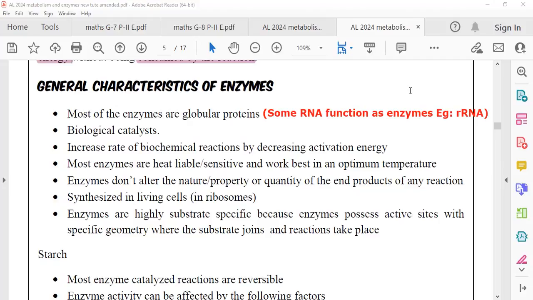Okay. Now say you are getting 5 milligram maltose. To get this 5 milligram maltose, a minimum of 24 hours will be needed.